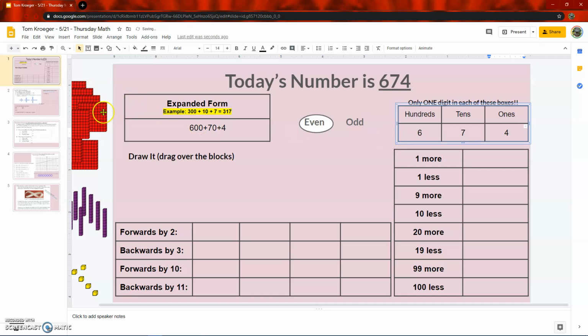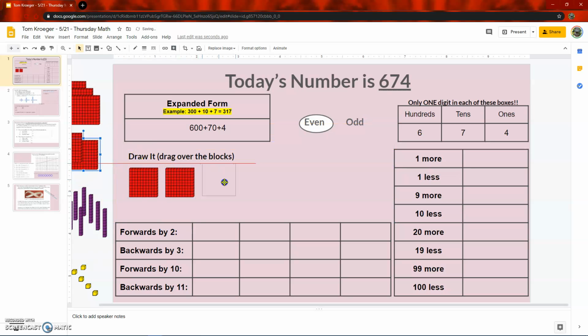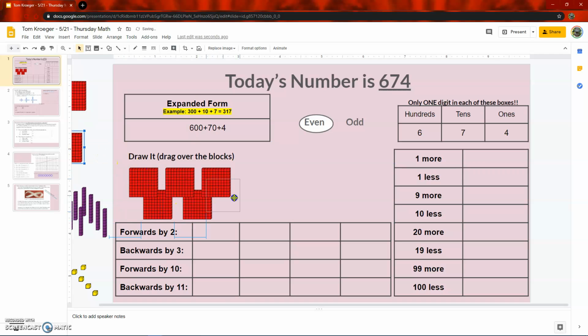And we can model that with the base 10 blocks. We have 6 hundreds, we can just pull 6 hundreds over. There's 3, 4, 5, and 6. 6 hundreds, 7 tens.